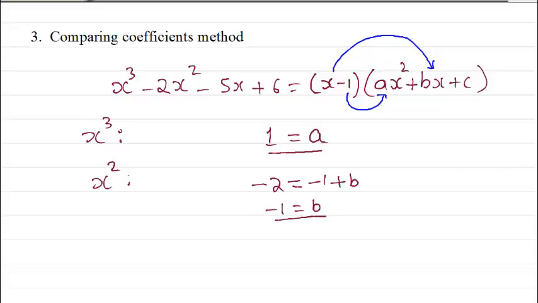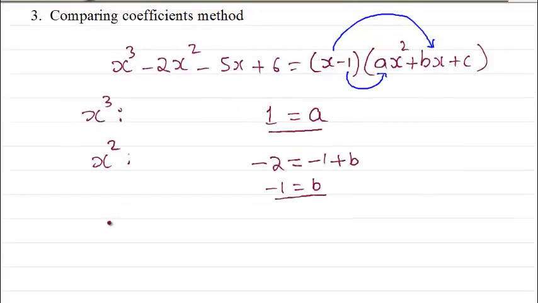Then to find c, we can actually compare the constant term. So on the left hand side, the constant term is just 6.